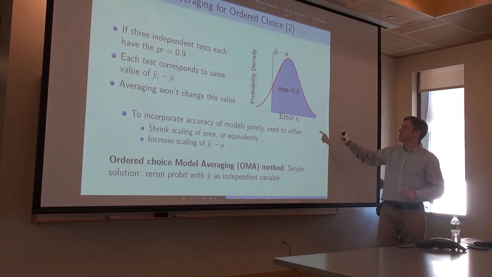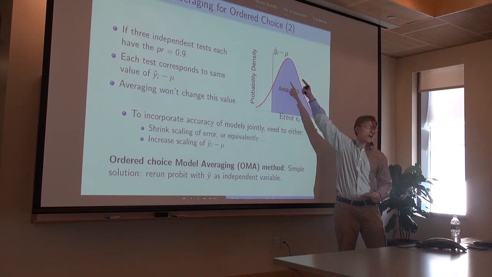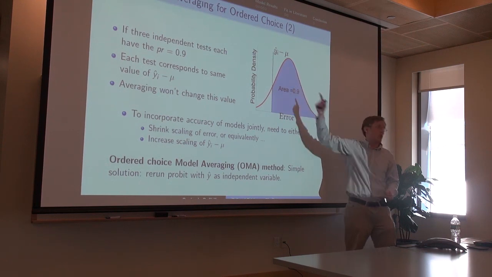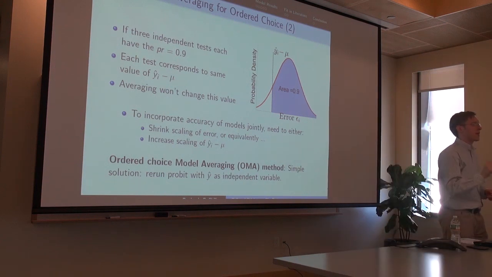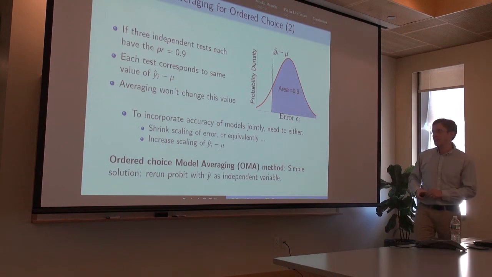Another very easy way to address this is to include each person's estimate of their underlying latent variable minus the threshold as the only explanatory variable in a new probit model. That allows it to use the data to figure out how much to scale it up. So that's the procedure that I use.